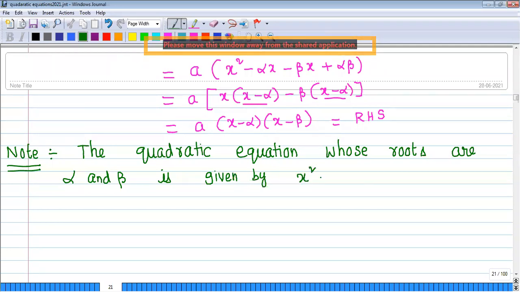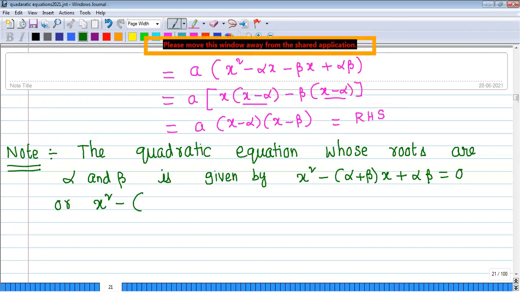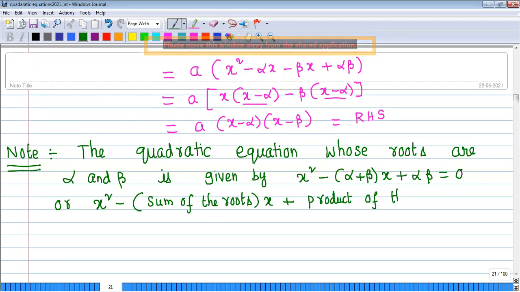x square minus (alpha plus beta) into x, sum of the roots into x, plus product of the roots is equal to 0. Or you can remember like this: x square minus sum of the roots into x plus product of the roots equal to 0.